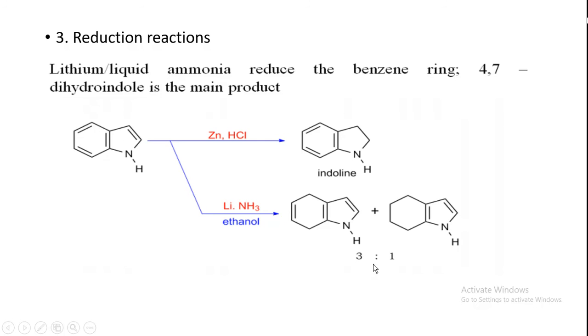So two products will be formed. This one is another product. Among these, this is 4,7-dihydroindole. It is present in 3 ratio and this is 1 ratio. So ultimately this 4,7-dihydroindole is the major product or main product.